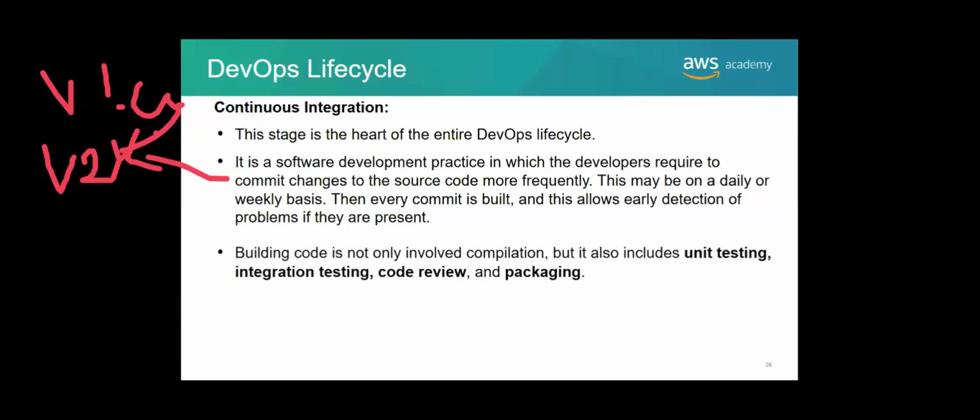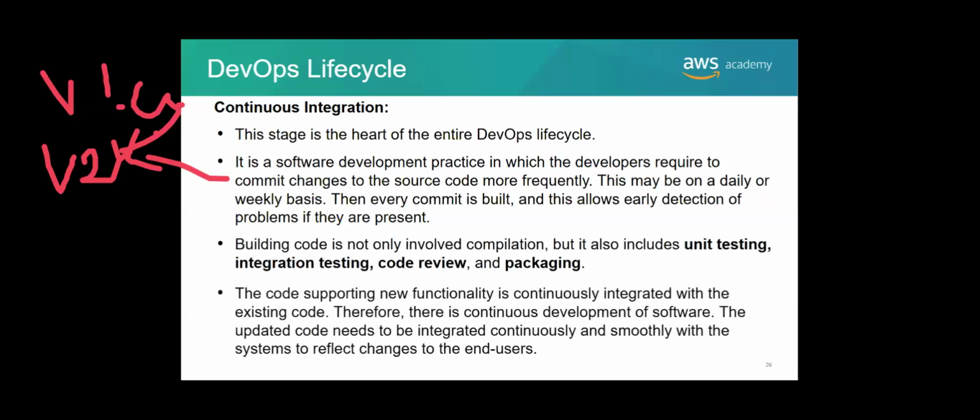Building code not only involves compilation, but also includes unit testing, integration testing, code review, and packaging as well. So integration involves testing, review, and packaging. Now the code supporting new functionality is continuously integrated with the existing code. Therefore, there is continuous development of software. As we already mentioned in the title, continuous integration provides continuous development of the software.